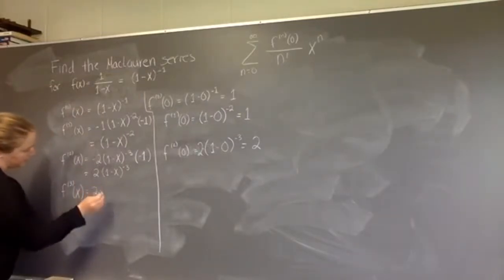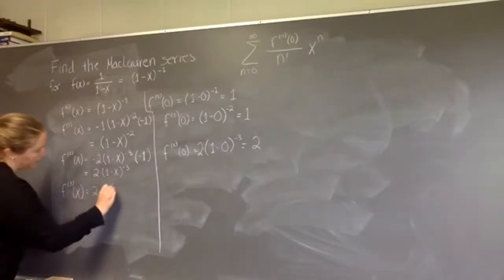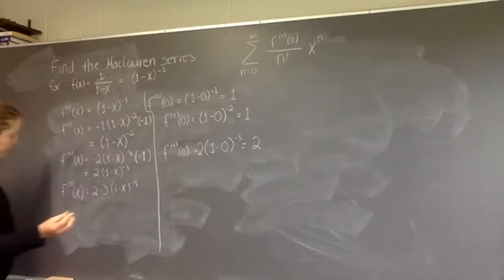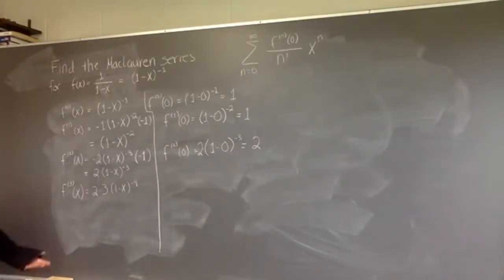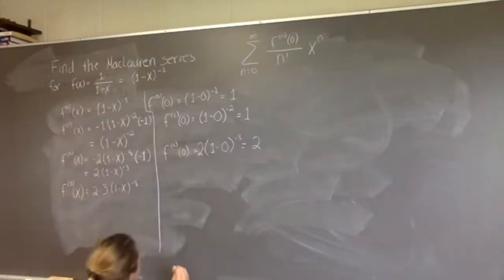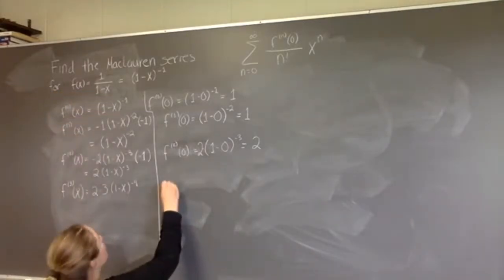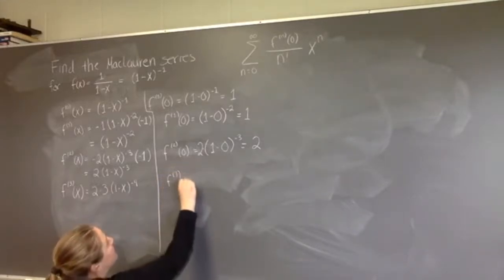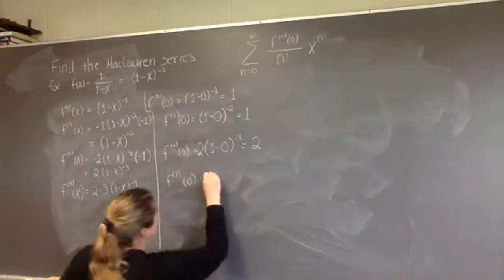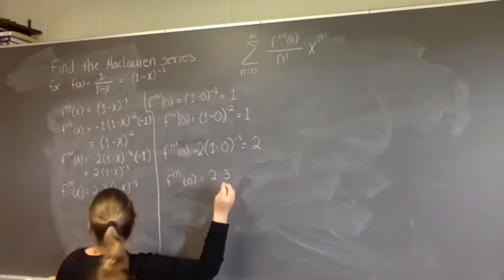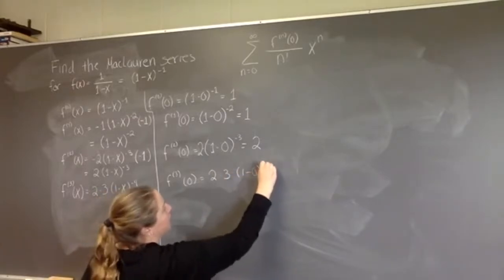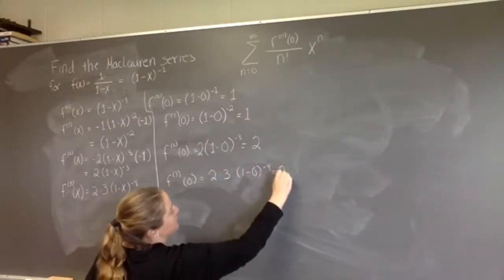Now we're multiplying by negative 3 and negative 1, so we have a 3. And then we have 1 minus x to the negative 4. Because I know where this is going, I'm going to write right here, third derivative evaluated at 0 is 2 times 3 times 1 minus 0 to the negative 4, which is 2 times 3.